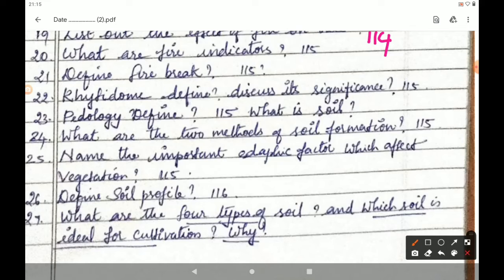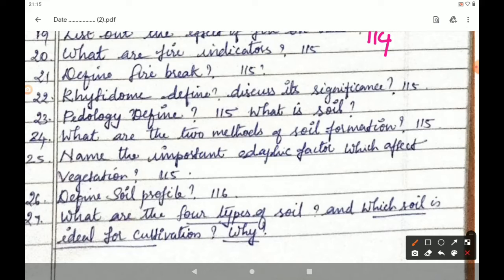The next question is: define pedology. What is soil? The answer is given in page number 115, under the heading 6.2.2 edaphic factors. In the last line of the first paragraph, the study of soil is called pedology.